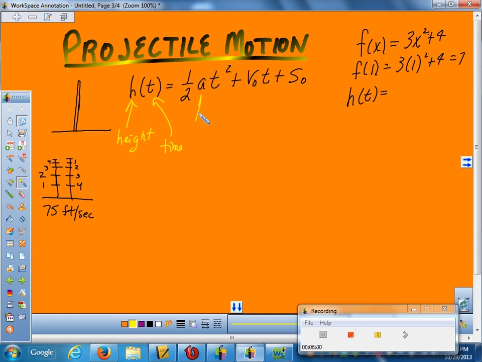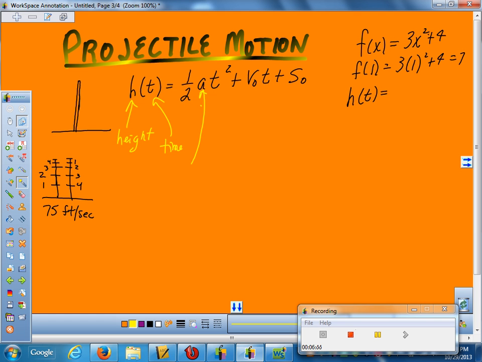Alrighty, the biggie, what's a? We're doing motion. What do you get in trouble for if you get in your car and do this in the parking lot? If you accelerate too fast?